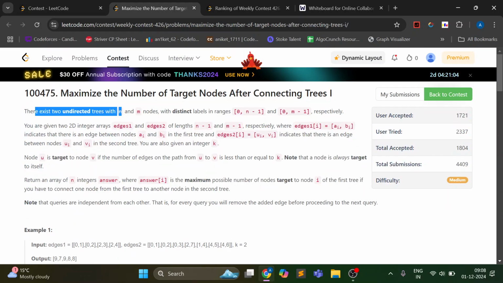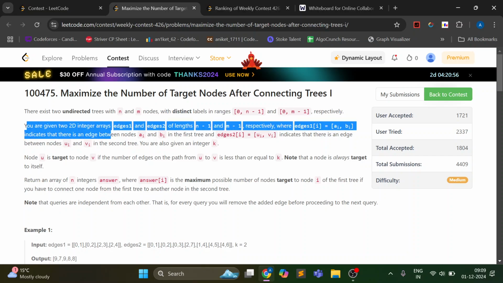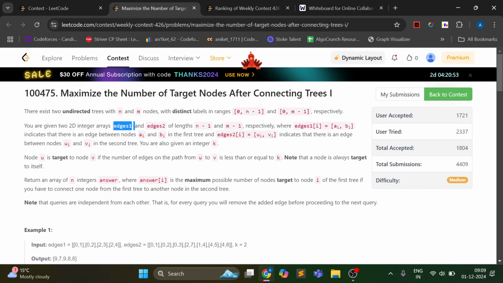We are given two undirected trees with n and m nodes with distinct labels from 0 to n minus 1 and 0 to m minus 1. We are given two 2D integer arrays, edges1 and edges2. So basically, given two trees and edges from u to v.